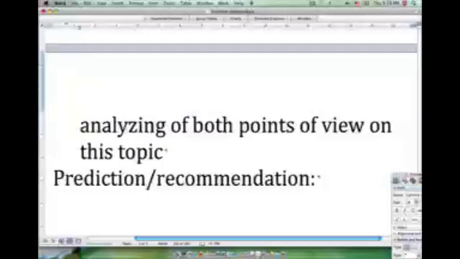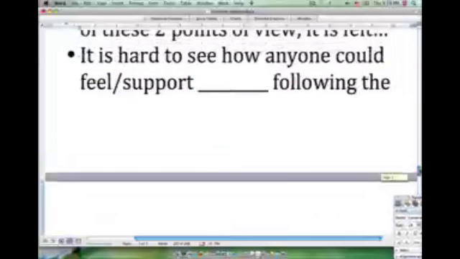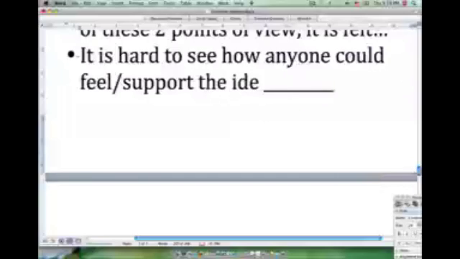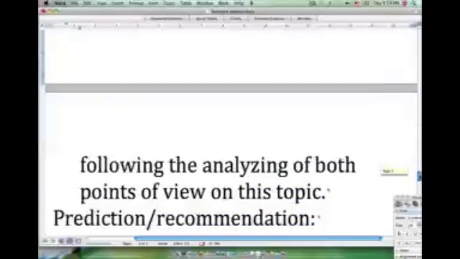It's a little bit longer, but let's see if we can get this into one screen. Okay. It is hard to see how anyone could feel, or hard to see how anyone could support the idea that, and then whatever the idea is, following the analyzing of both points of view on this topic.